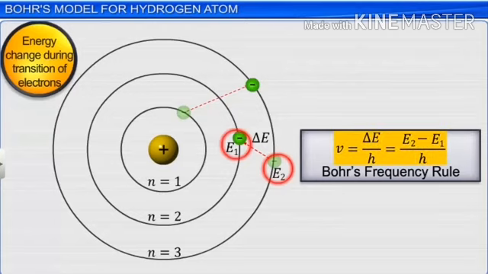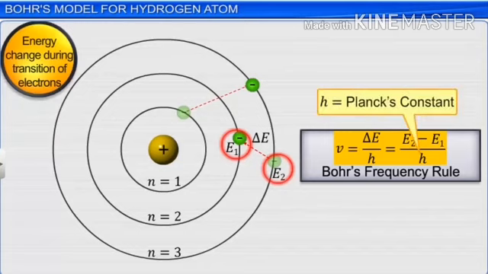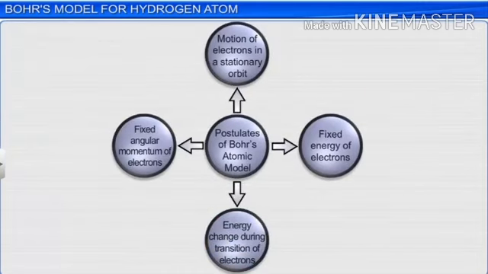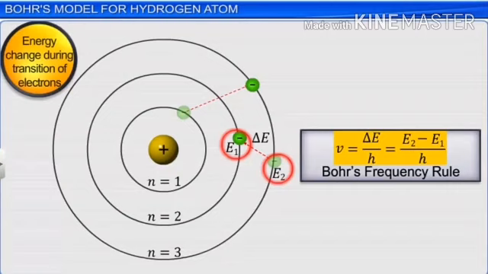In the third postulate, he states that the frequency of the radiation absorbed or emitted when a transition occurs between two orbits, or two stationary states that differ in energy by delta E, where delta E is the energy change, is frequency equal to delta E by h.